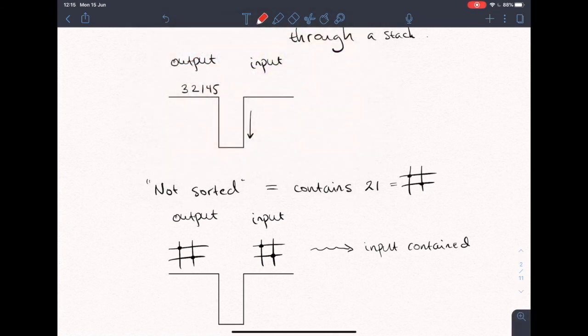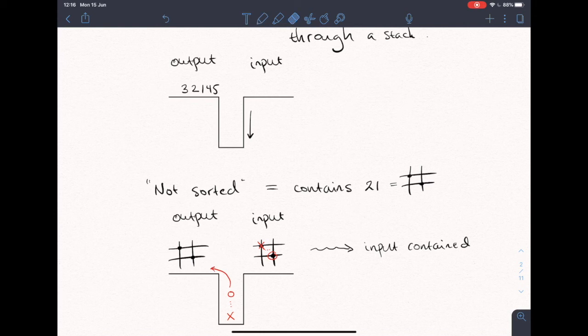What should have happened, if we mark these points with an X and an O, is X goes into the stack, some stuff happens, there could be intermediate elements between these 2 elements in the entire input permutation. Then the small element O should have landed on top and then left the stack prior to X leaving the stack.